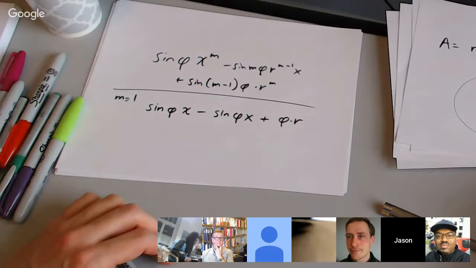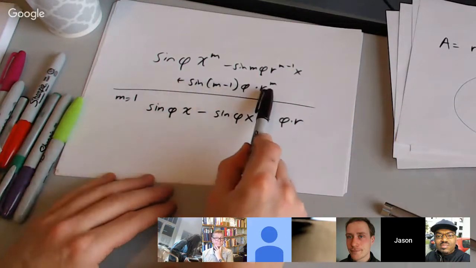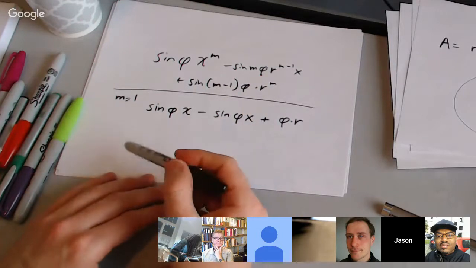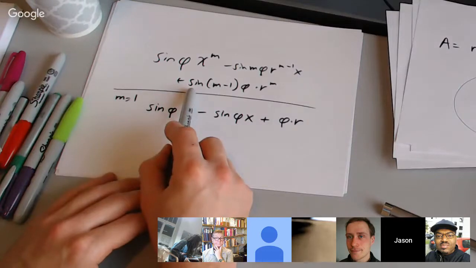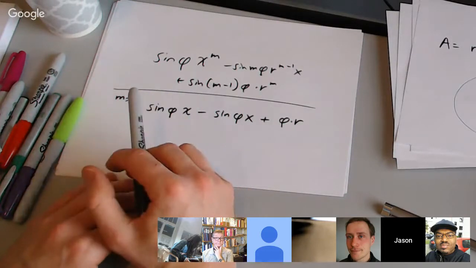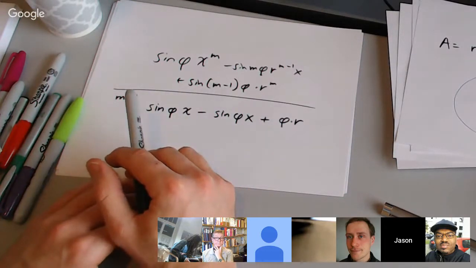because, yeah, so how did I get that? So where it says sine in the second part of the original equation, sine times phi.